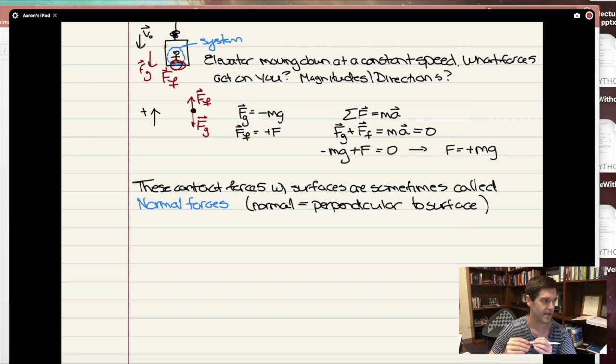I will admit I hate the fact that they're called normal forces, particularly in a physics 1 setting. Because I think the misconception here is that you think the normal force is this one particular thing that is the same for every single problem, whether it's a chair or an elevator or a box on an incline.